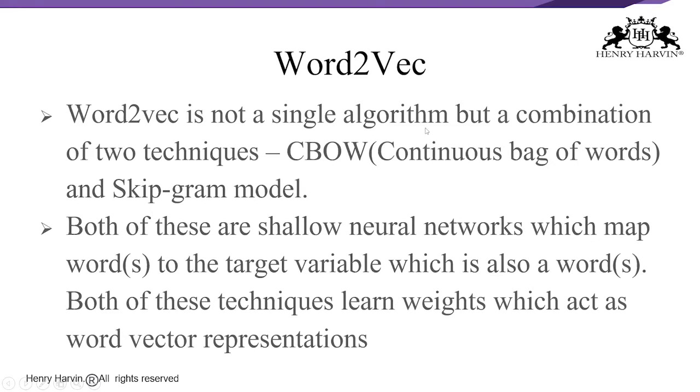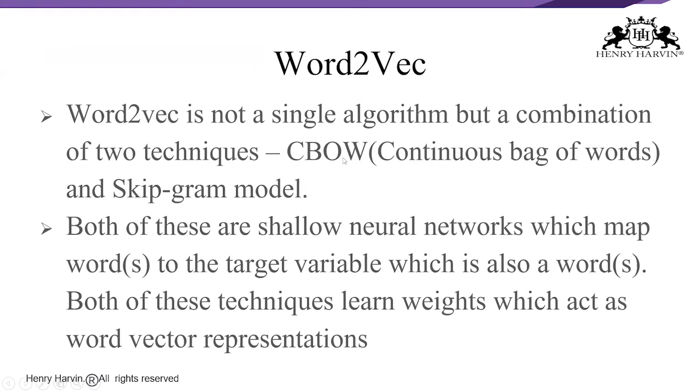So this is not a single algorithm, but here we can talk about two of the most important techniques: CBOW and the skip gram model. CBOW means continuous bag of words. And the next one is the skip gram model. Both of these are shallow neural networks which map words to the target variable, which is also a word.